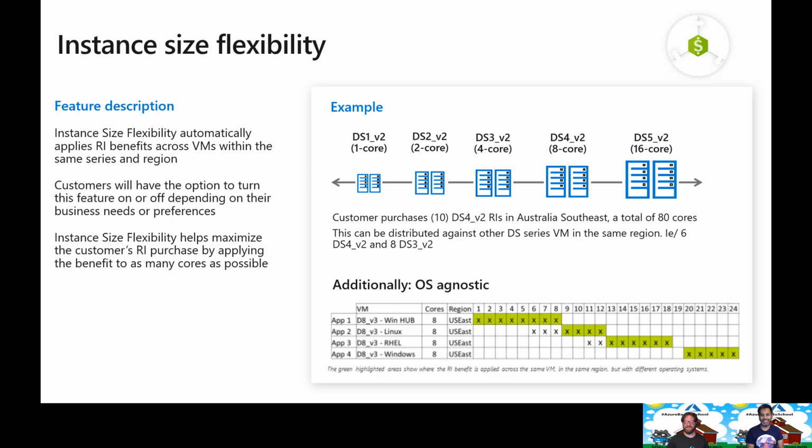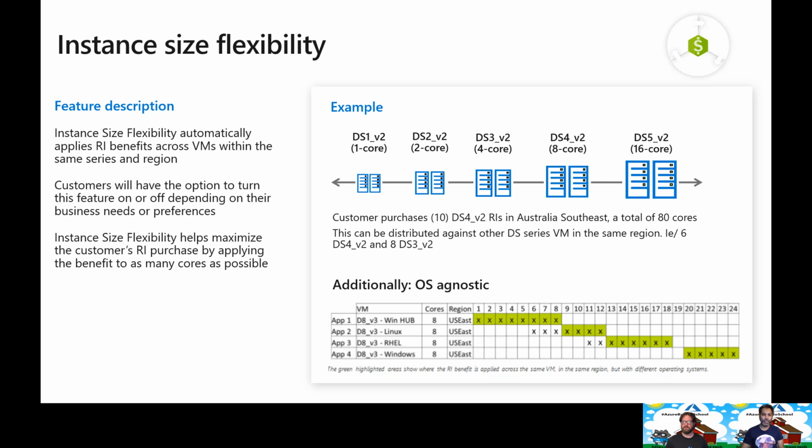Exactly. So that's a perfect example right there. From an instance size flexibility standpoint, I've thrown out the term D series. With virtual machines, you have the D series, and depending on the series itself, you can have different core levels, different memory and whatnot.